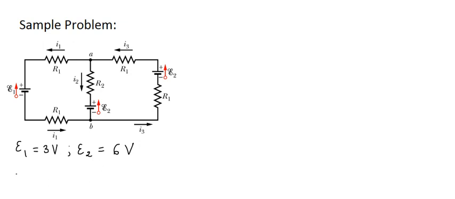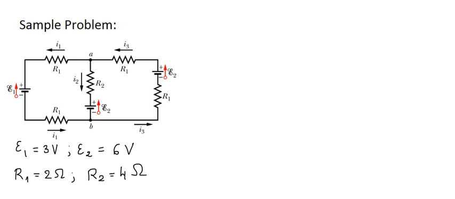We have resistors, R1 equal to 2 ohm and R2 equal to 4 ohm. And the question is, what is the current in the circuit?